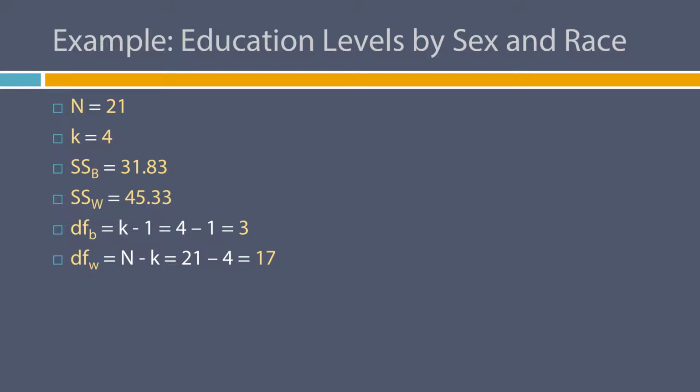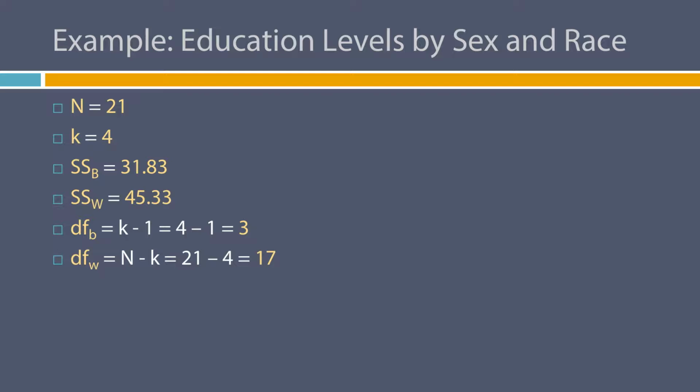We go through this hand calculation and we see that the sum of squares between the groups is 31. The sum of squares within each group is 45. That means there's a lot of variation going on within groups, but not that much variation going on between these groups.